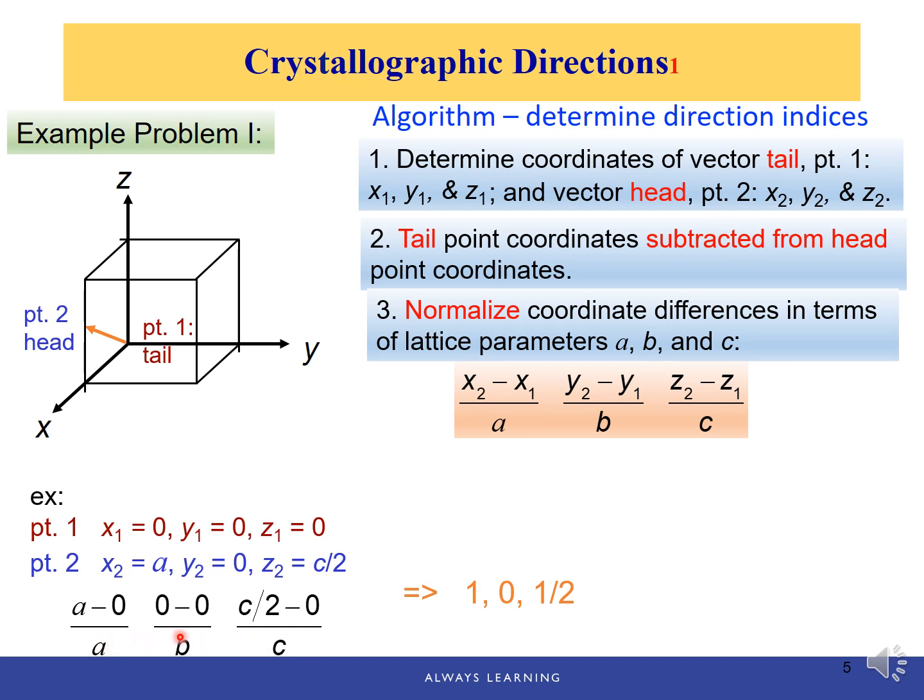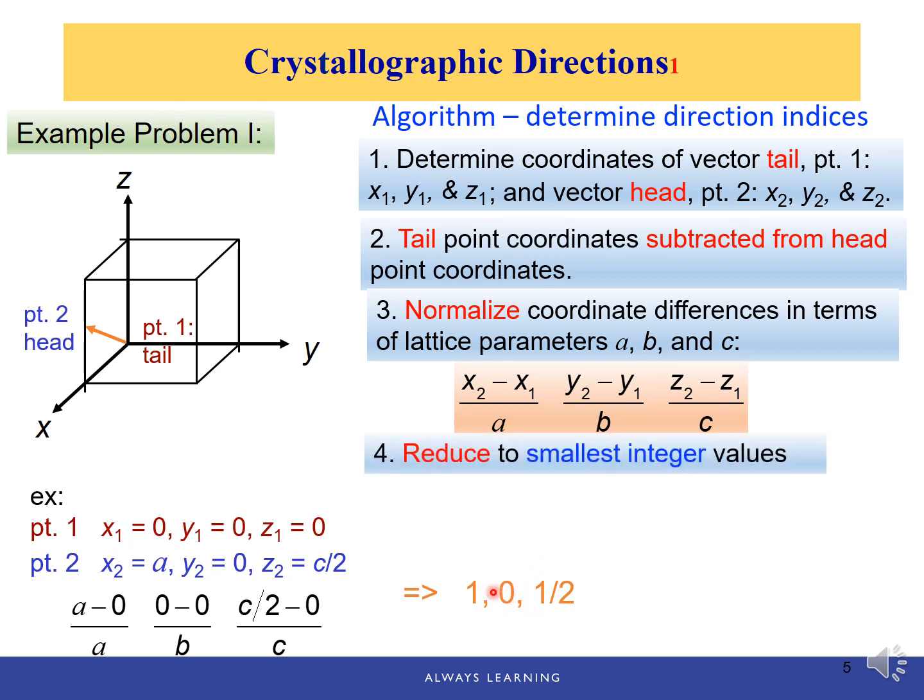Again, A, B, C are the unit lengths of this unit cell along each direction respectively. After performing this normalization, the first value becomes 1. The middle value, the y component, is 0, and the z component is 1 over 2. So that's the value after steps 2 and 3.